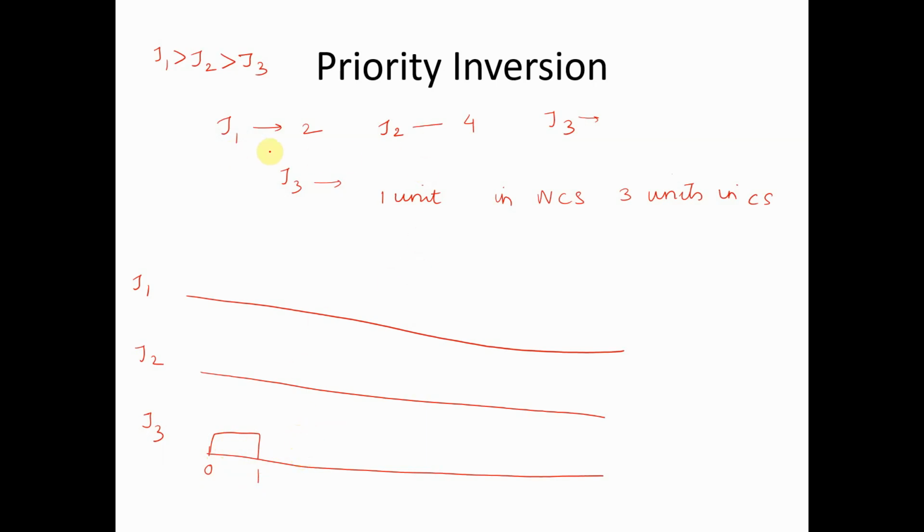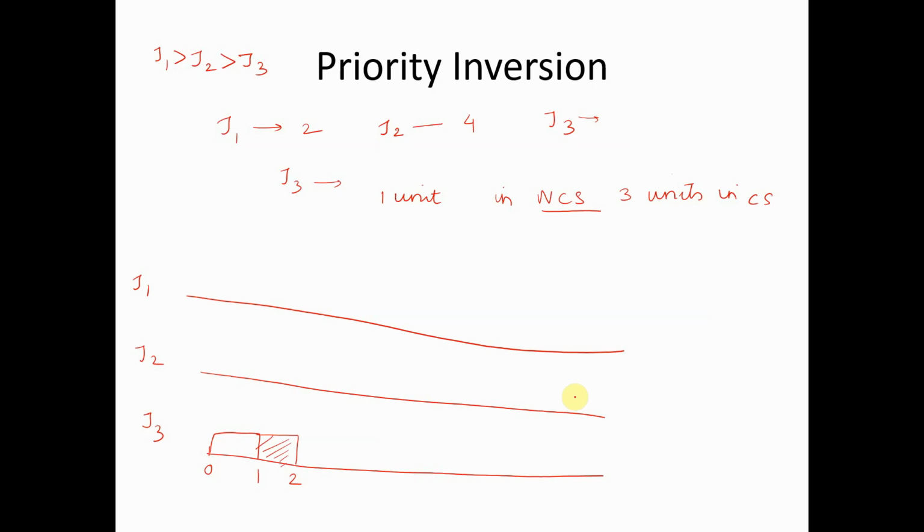Now J1 arrives at 2. Right now, since we only have J3, the one part of non-critical section gets executed and J3 can still execute units in critical section. So at 1, J3 will acquire the resource and it will execute in critical section till 2. At point 2, J1 arrives.